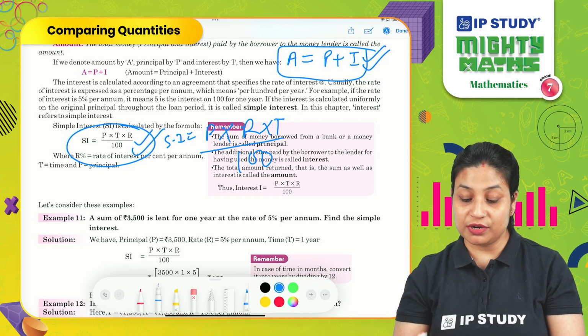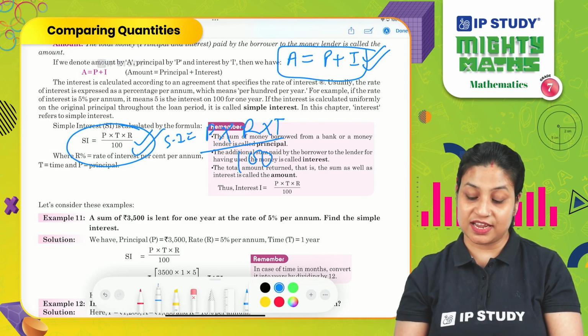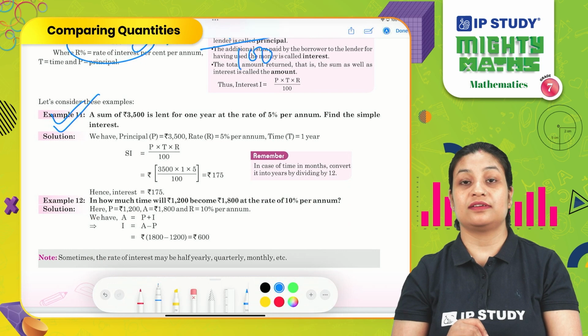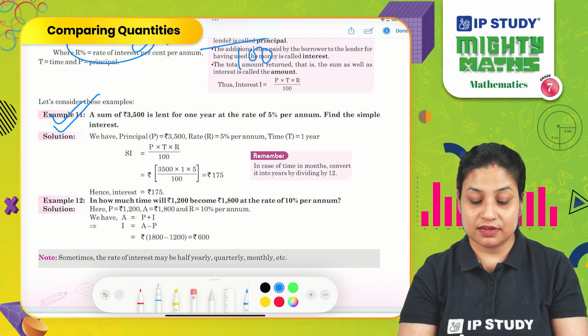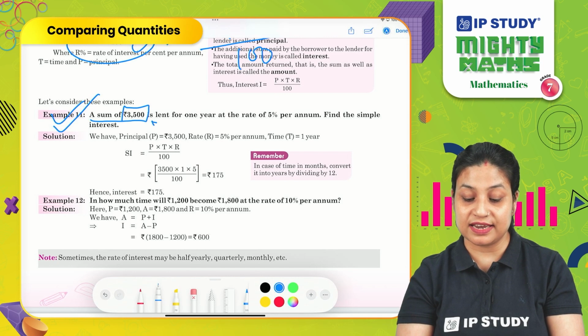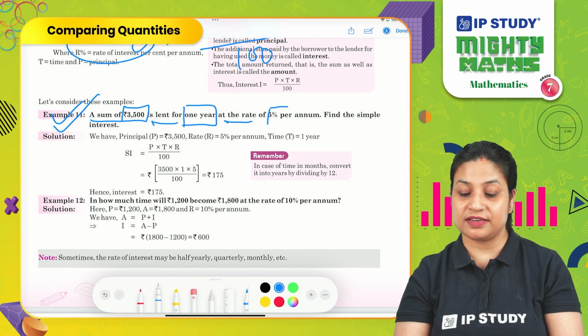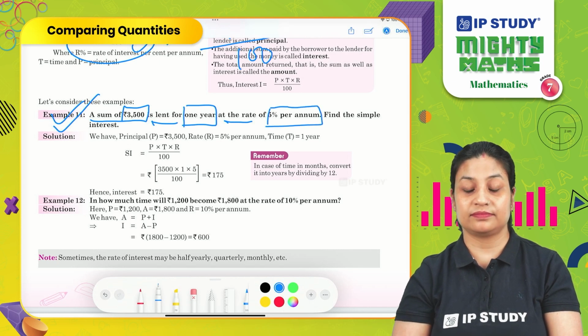So in order to understand this concept, let's take an example over here. Let's take example number 11. It is saying a sum of rupees 3,500 is lent for 1 year at the rate of 5% per annum.